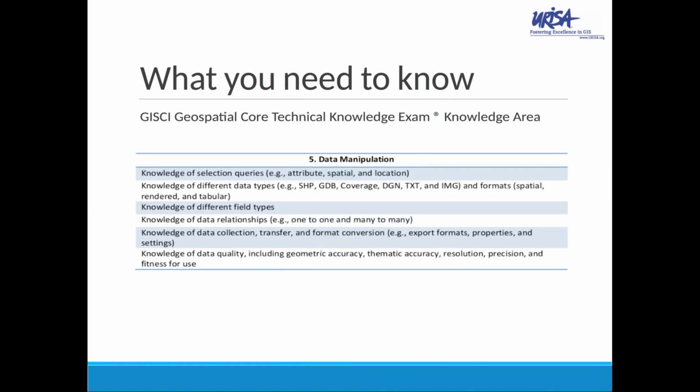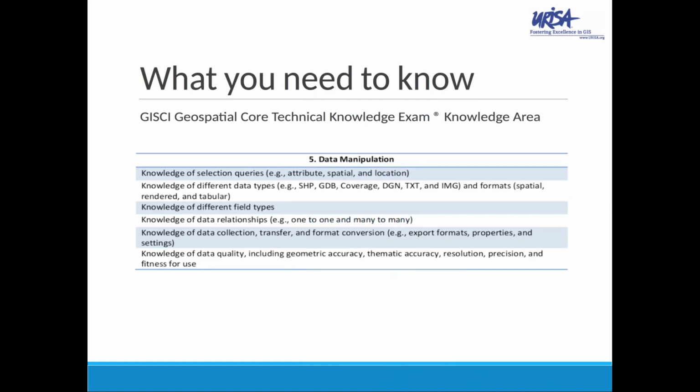You should have a knowledge of the different types of storing information and the idiosyncrasies and limitations, features of them, and formats of geospatial data, spatial data, rendered data, and tabular data. You should have knowledge of different field types, including to a degree the jargon used with describing them. Sometimes there's more than one way to describe a field type.